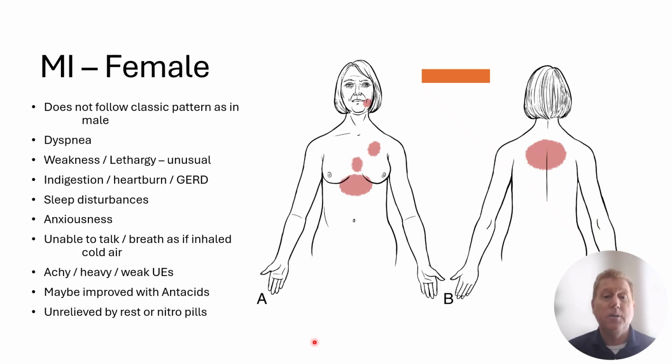As opposed to the female presentation, it's not the classical pattern that the male produces, more of a central back, central sternal discomfort, pain, sometimes even up into the jaw a little bit. And they most notice it as an indigestion, heartburn type of complaint, possibly with a little bit more anxiousness and shortness of breath, as opposed to the classical arm, hand, chest pain.